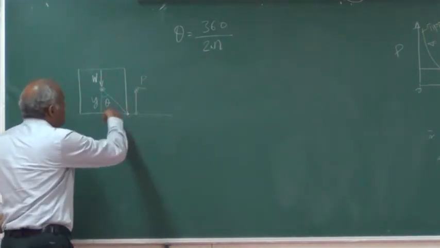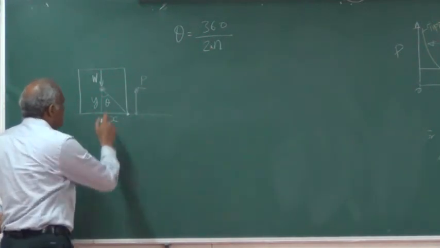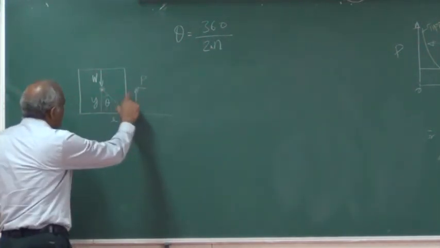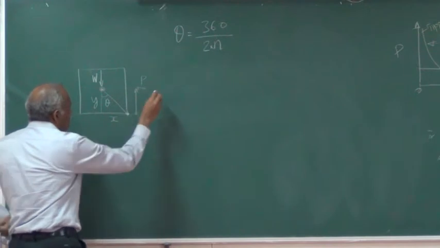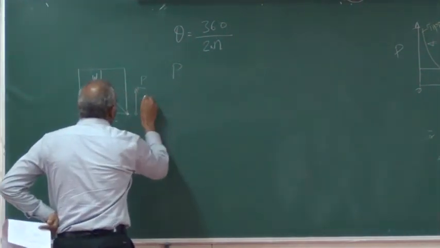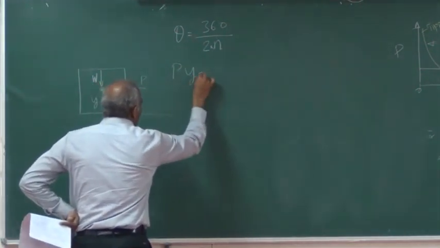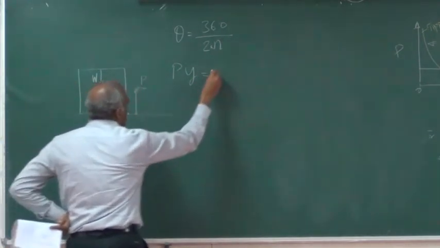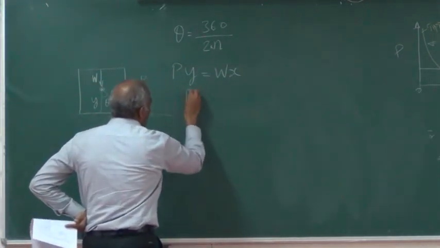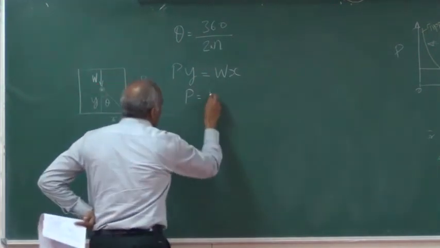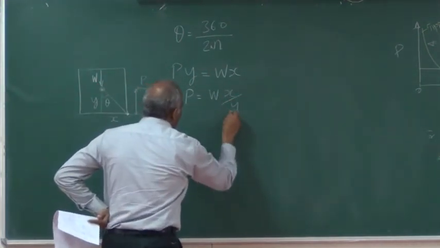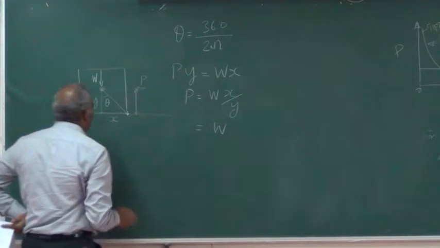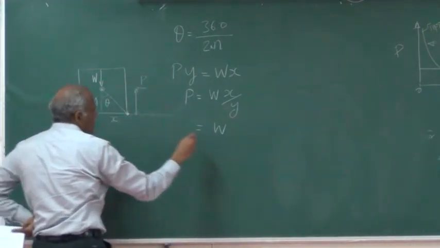For the square this is going to be 45 degrees here. So taking moments about this point, P into Y is equal to W into X. Therefore the force P required is W times X by Y, that is equal to W tan theta, since X by Y is tan theta.